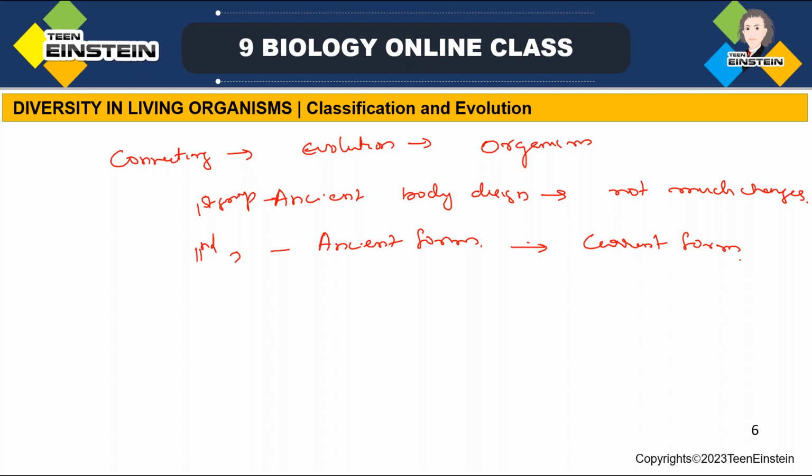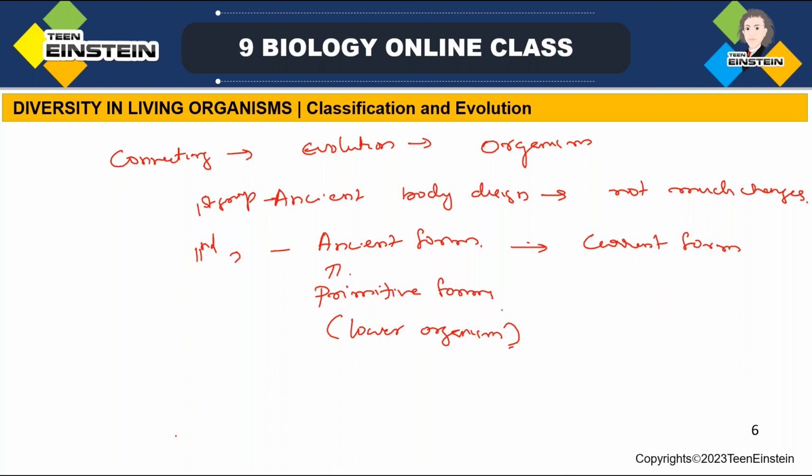So the first group, the ancient group, we can call primitive forms or the old forms. Primitive forms means the old forms or the lower organisms, lower in the sense of lower in features.